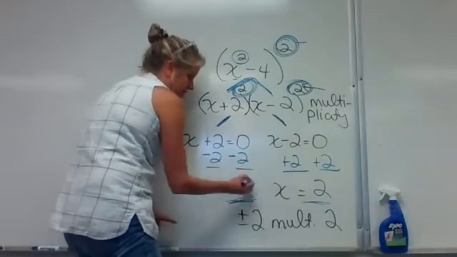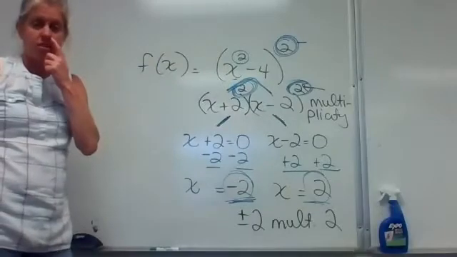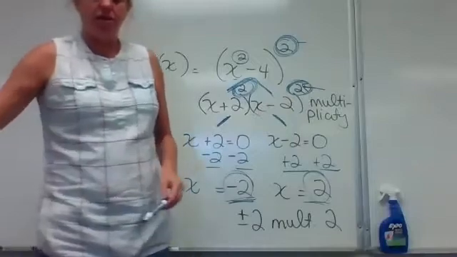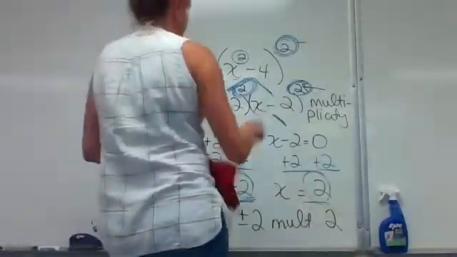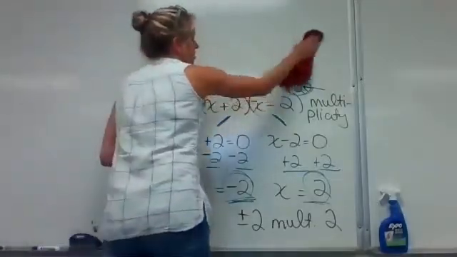That gives me my answers, 2 and -2. And again, the multiplicity is the outside exponent. And we'll talk about multiplicity here in just a second, what that means.